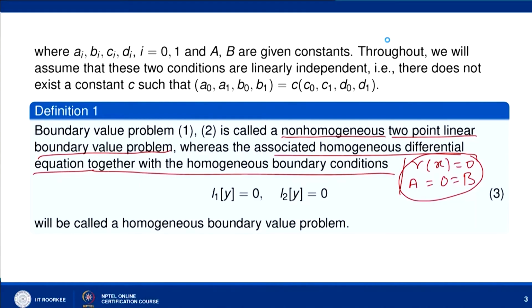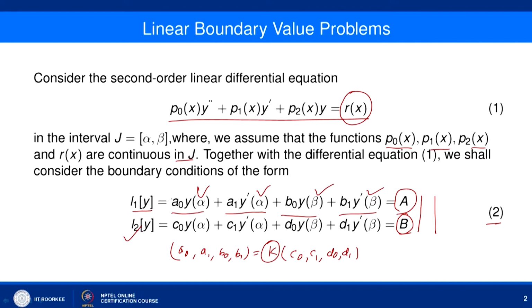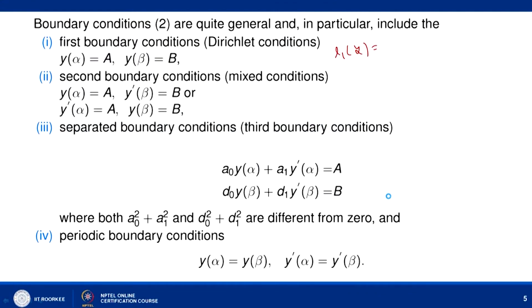So, first let us take a special case where L1y is given as y alpha equal to A. Here L1y is taking only A naught as 1, rest are all 0. So, the simplest form of L1y is that A naught is equal to 1, rest are all simply 0. So, L1y is equal to simply y only.